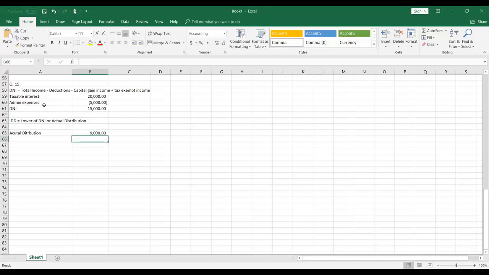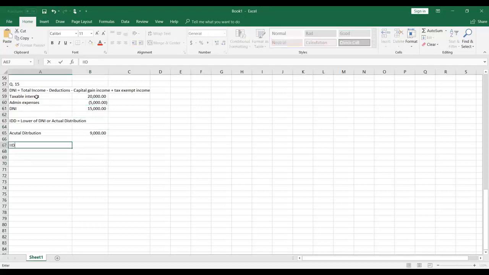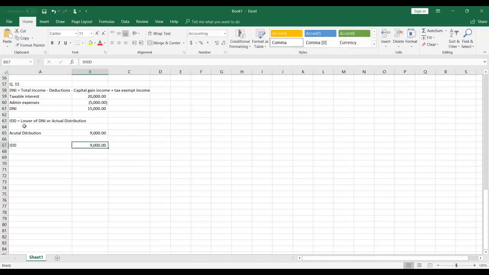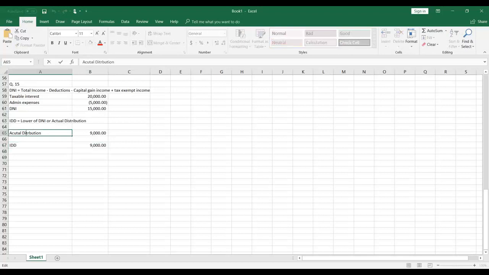So my IDD would be the lower of DNI, which is 15K, or 9,000. That would be my IDD. So this is what you would look at, guys. DNI calculation is important for trusts.